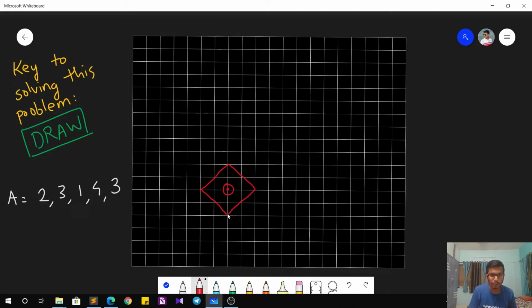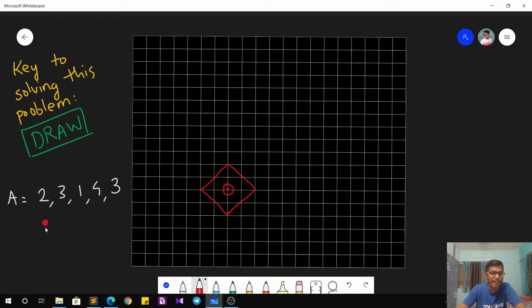The red point is my point number 1, and I have drawn a kind of perimeter, or a circle of radius 2, around it. But it's not a normal circle, it's a Manhattan circle, so it will look like a square. It is exactly a square.